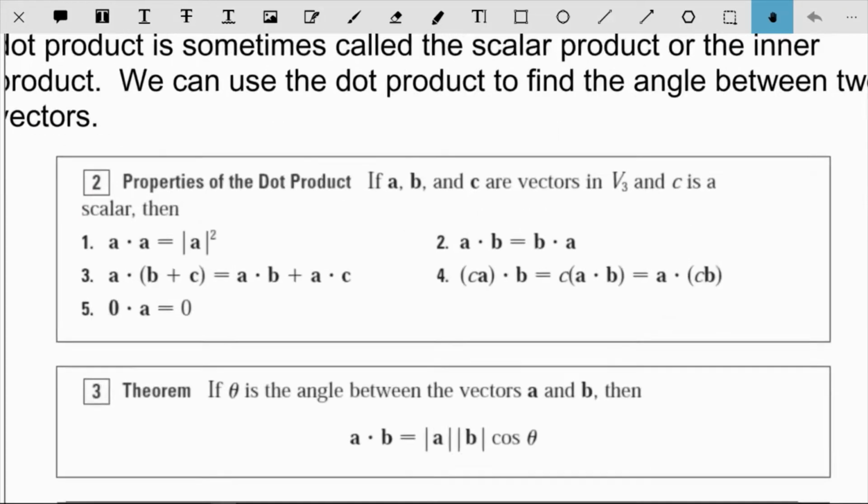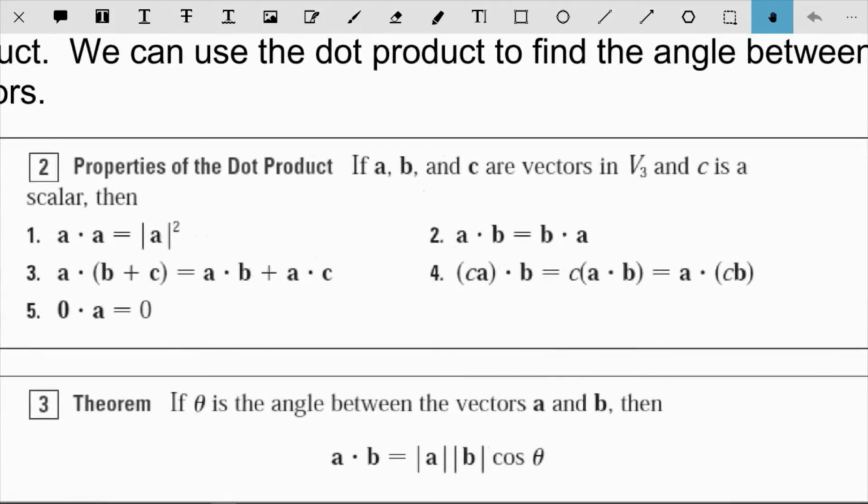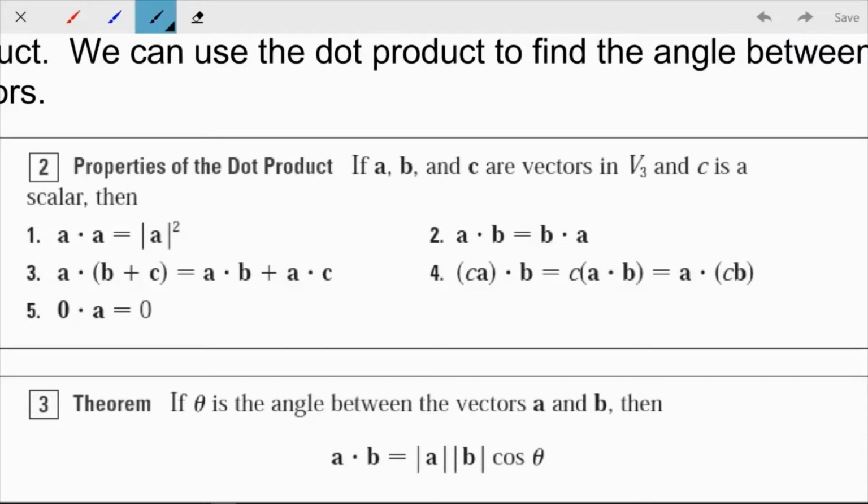Now there are some dot product properties that most of these are pretty simple. If you think about what's actually happening when you do these processes, it's pretty simple to understand why these work out the way they do. A lot of these properties are things that you're going to have to go through and show that they are true in your assignment.